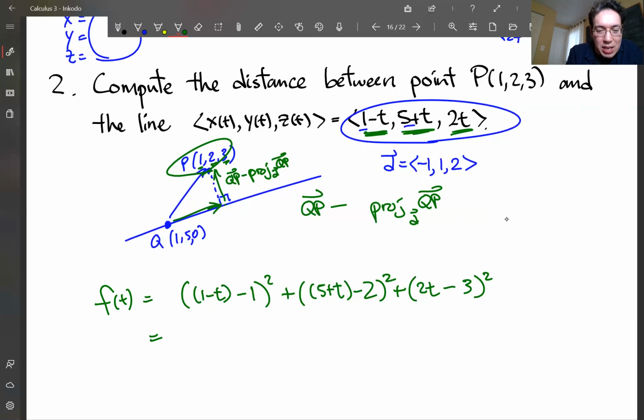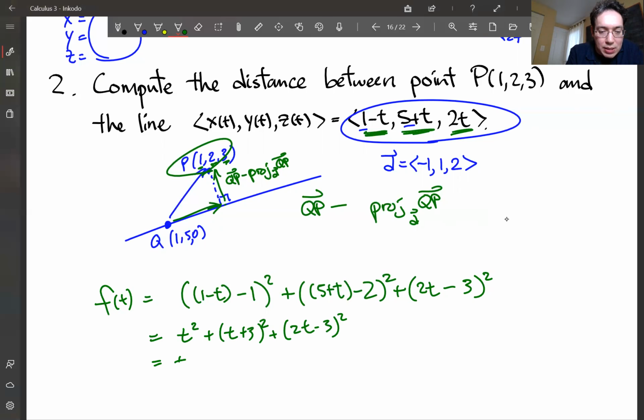So let's see. 1 minus t minus 1 simplifies down to t squared. 5 plus t minus 2, so that's t plus 3 squared. Plus 2t minus 3 squared. I'm going to FOIL it out.